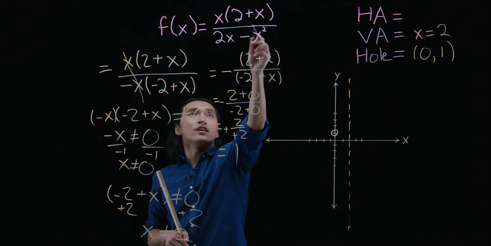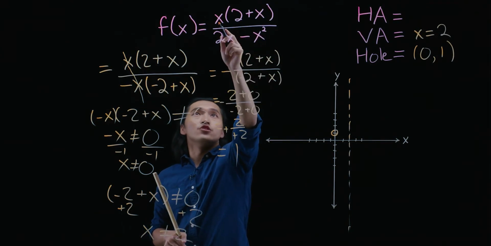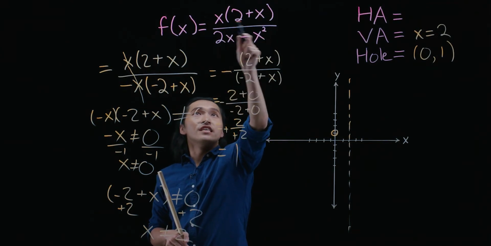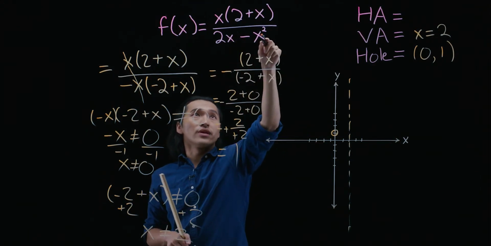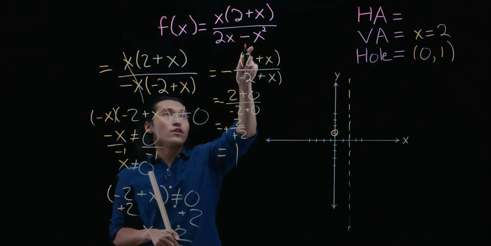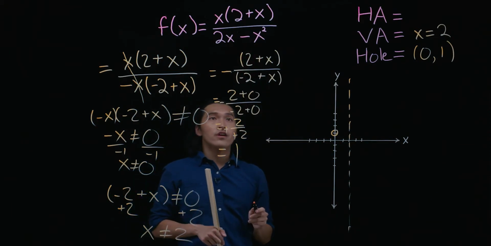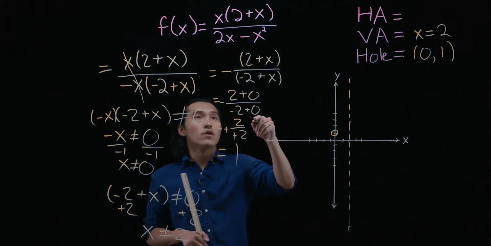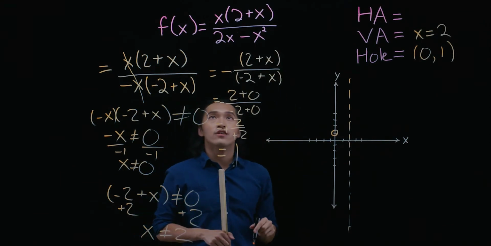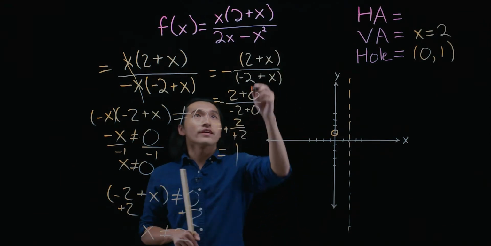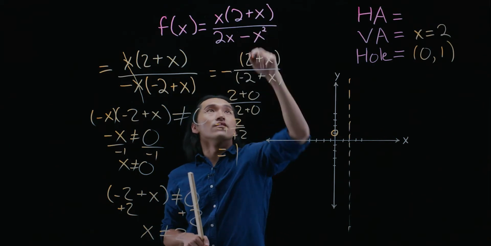The reason we have an x squared here is if we were to simplify this and distribute this x, these two x's would end up multiplying and get us an x squared. Here we would have an x squared. And whenever they're equal to each other, then all we're doing is taking the coefficients of them and dividing them by each other. So in other words, we just look at the numbers that are in front of the x's.